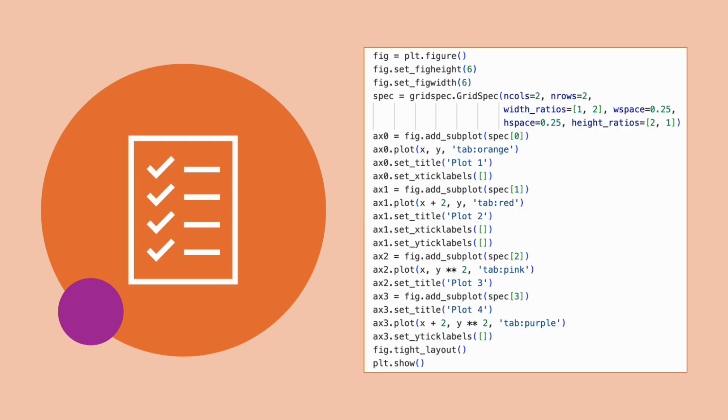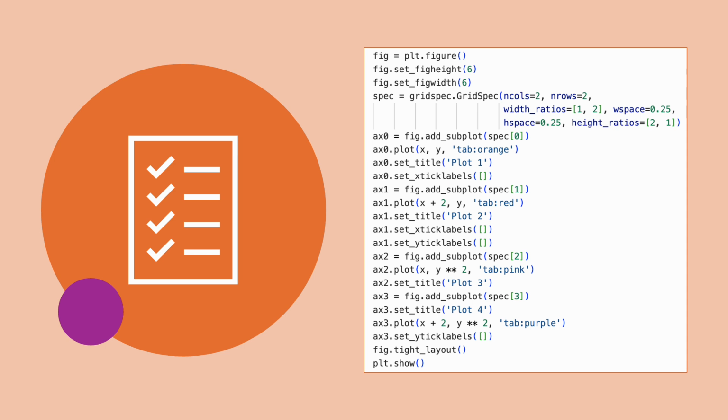We asked you to try replotting the figure on slide 6 so that plots 1 and 2 were twice the height of plots 3 and 4, and plots 1 and 3 were half the width of plots 2 and 4, which we change using the height and width ratios parameters. We also changed the overall figure height and width from an 8x8 arrangement to a 6x6 arrangement.